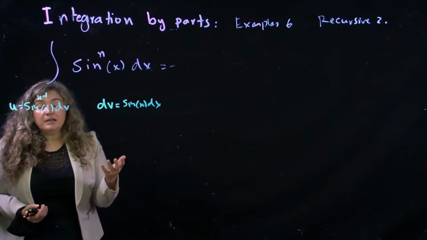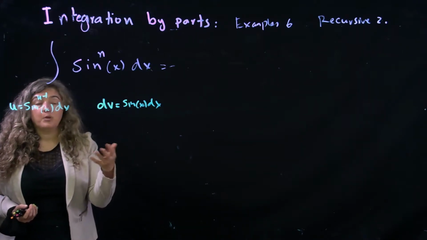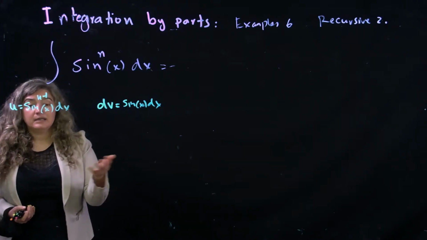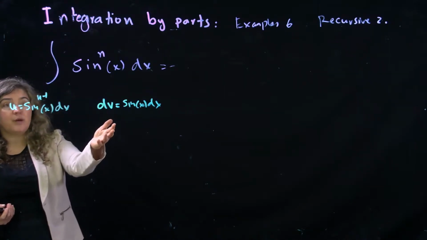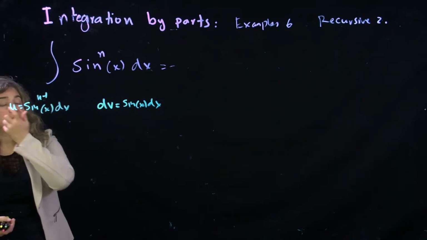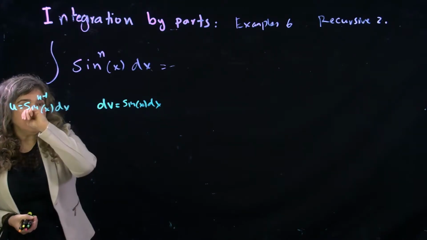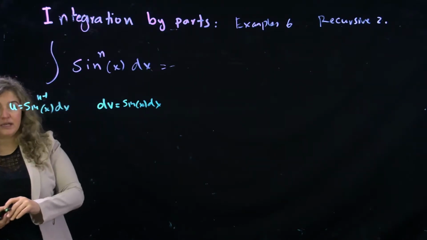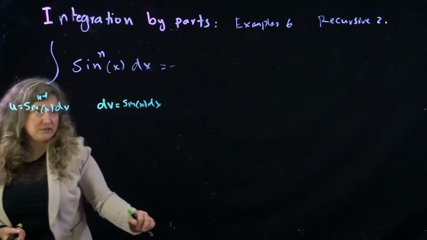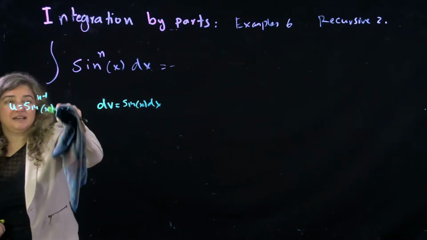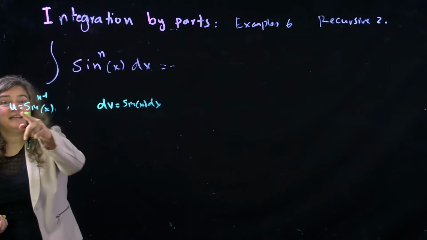Again, n could be any whole number bigger than 1, and that's why I'm going with this. Wait, that should not be there, that's u.